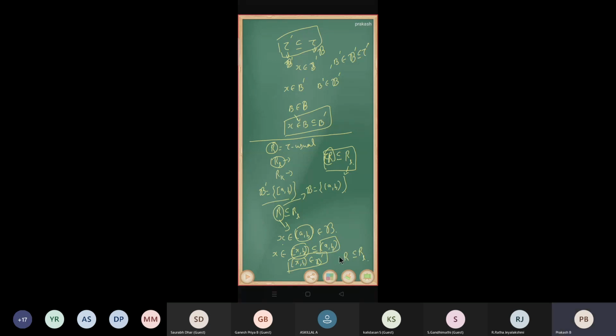So what about the converse? That is, whether R_L is contained in R or not. If you want to show this, as usual, you take an element from the left hand side, that is, an element from the basis corresponding to R_L. I'm going to take closed-open a comma b, and an element a belongs to that one.